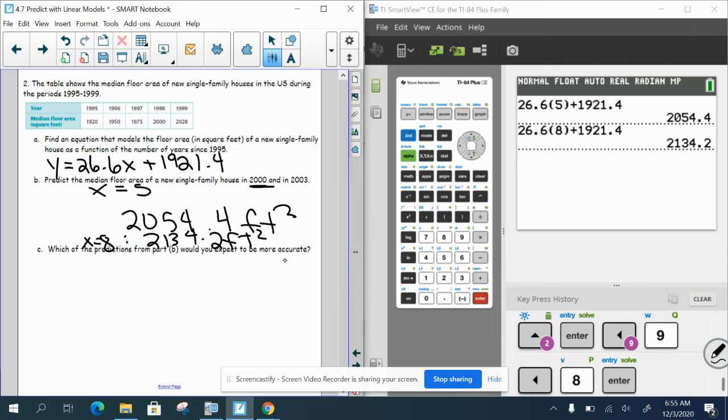So which would you expect to be more accurate? Well, 2000, because it's closer to the known range of data. It's closer to 1999.